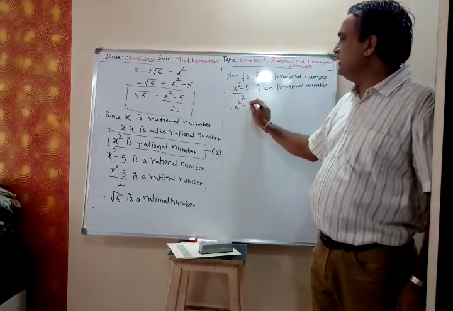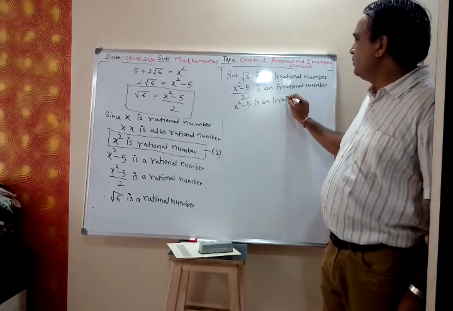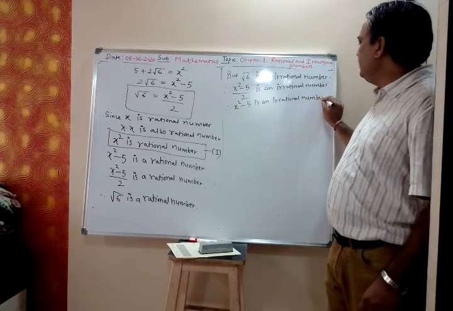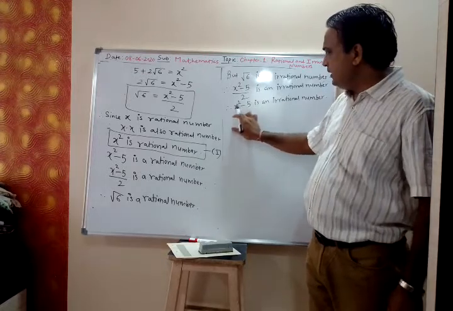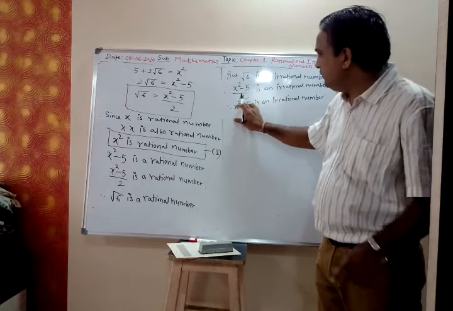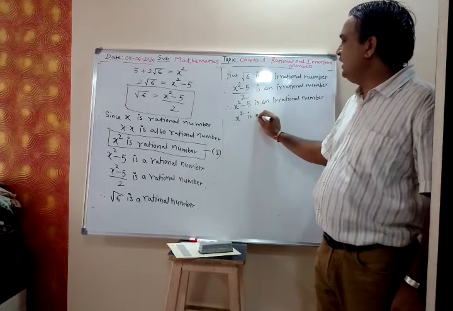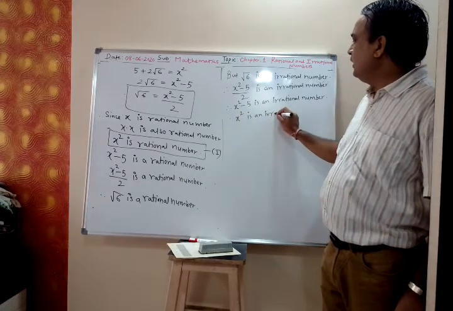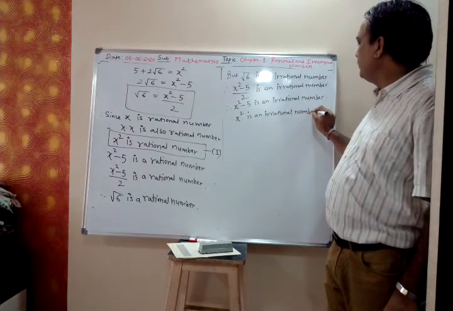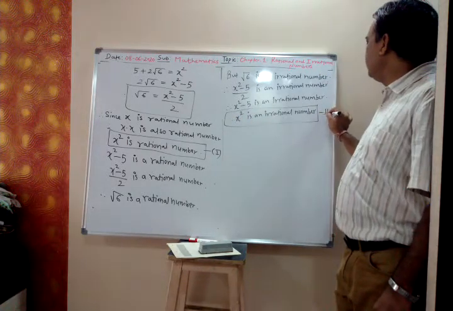That means x square minus 5 is an irrational number, because 2 is not irrational. Again, this is an irrational number, but 5 is not irrational, 5 is rational. That means x square is an irrational number. This I will mark as equation number 2.